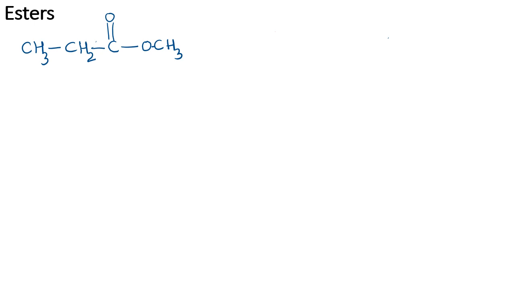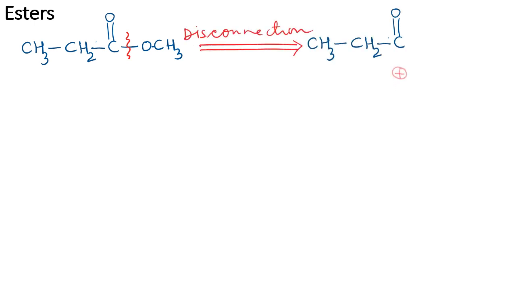So what you will do is again use the disconnection approach, and you know that you have to break the bond between C double bond O and O. So you break the bond, you get two parts. These fragments are given the charges, which are very logical. Oxygen is more electronegative, so it is given the minus charge. Carbon is given the plus charge.